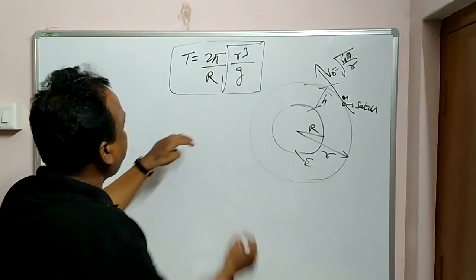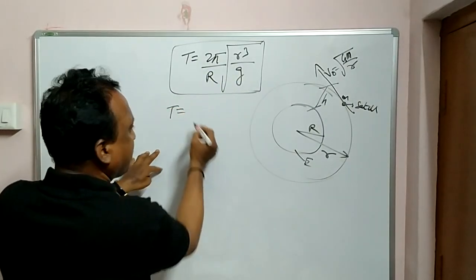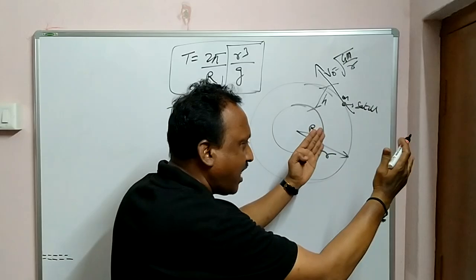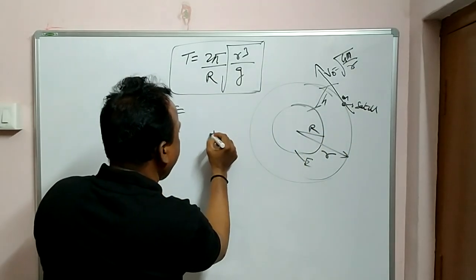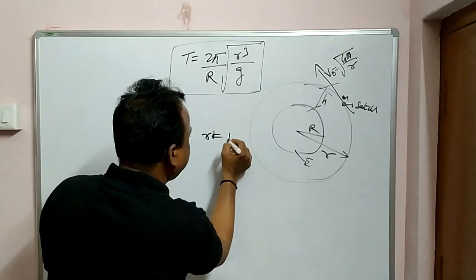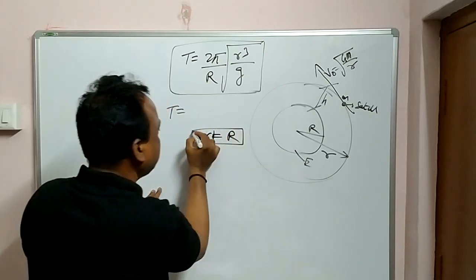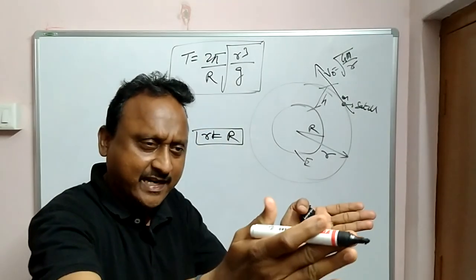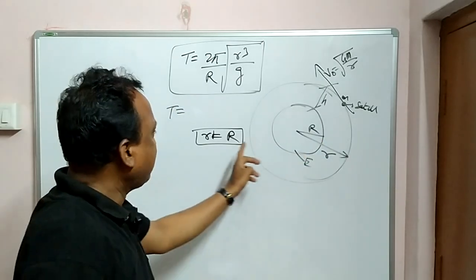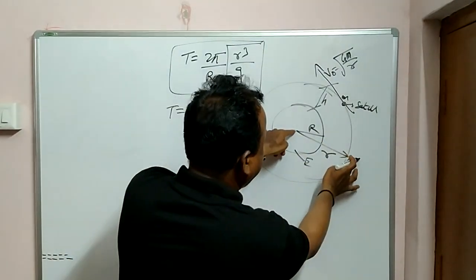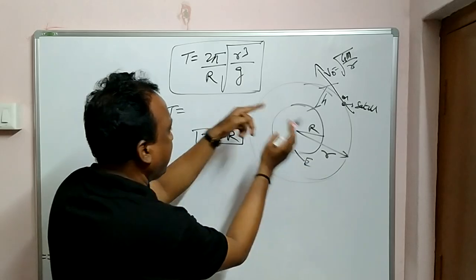However, this formula can also be written another way. T is equal to, when the satellite is almost nearest to the earth surface, then small r can be taken as capital R. Do you understand? When the satellite is very near to the earth surface and it is revolving, then the radius of the satellite is almost taken as the radius of the earth.